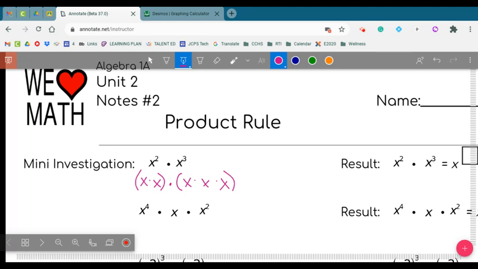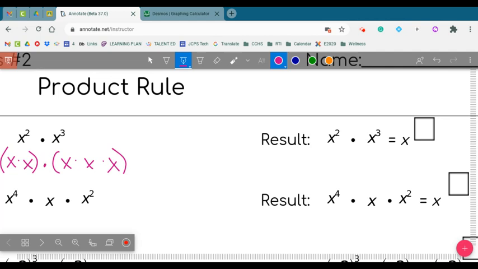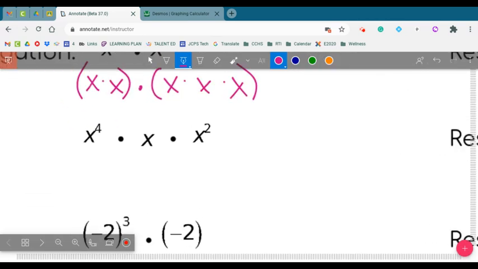So I have 5 x's altogether. So whenever we're thinking about that, our result is we get 5 x's. So let's do the next one.